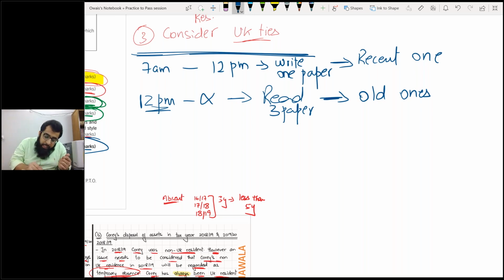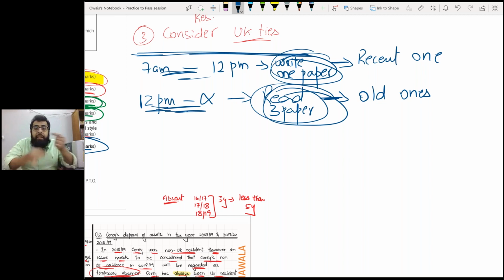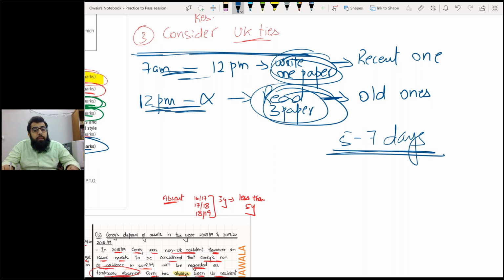Next day, again write one paper, read 3 papers. Repeat this exercise and keep on doing it for 5 to 7 days. Believe me, in 7 days you will be completed with 10 attempts of past papers 2 times.